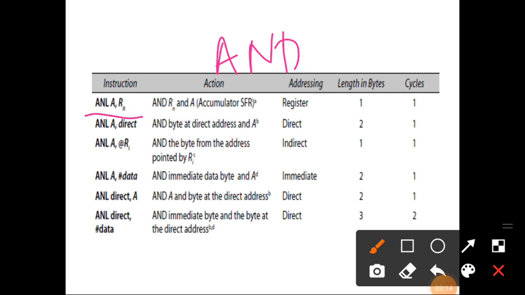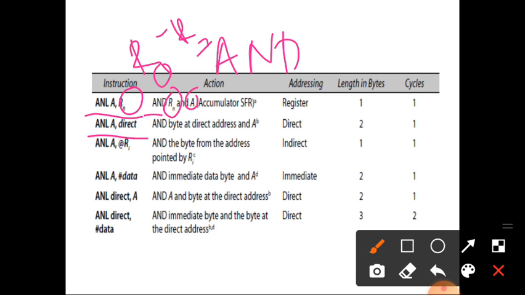ANL A, Rn. Here Rn indicates the register, any register from R0 to R7. There are 8 registers. So it performs the AND operation on Rn, that register content, and the accumulator. Then ANL A, direct.